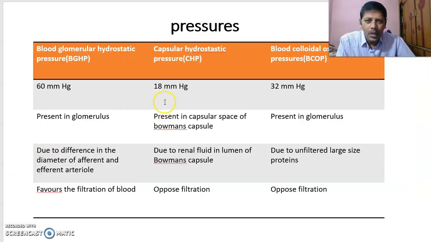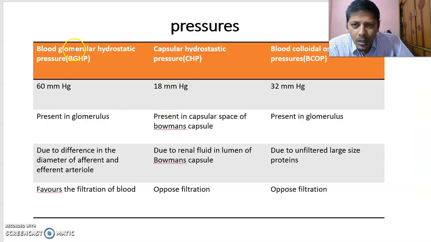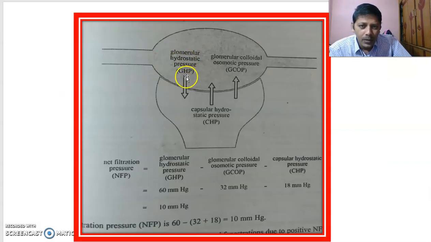You can see here I am summarizing the pressures. Blood glomerular hydrostatic pressure, or GHP, is 60. Capsular hydrostatic pressure is 18, and blood colloidal osmotic pressure, BCOP, is 32, and it is present in the glomerulus.